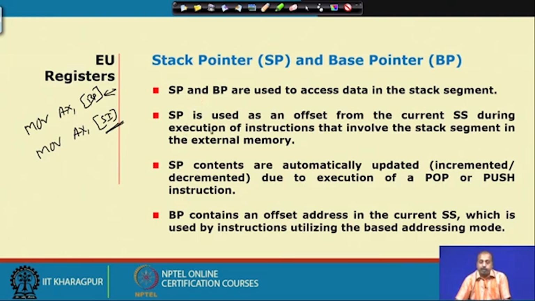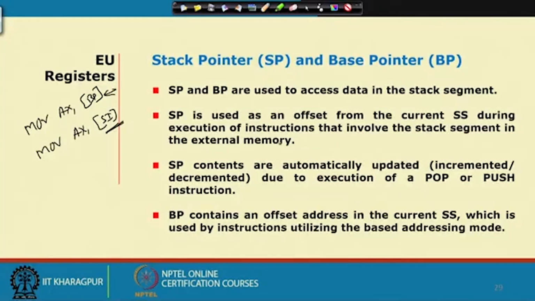SP is used as an offset from the current stack segment register during execution of instructions that involve the stack segment in the external memory. Whenever we are doing push and pop operations, the stack pointer will be utilized, and it will automatically be incremented or decremented due to pop or push instructions.